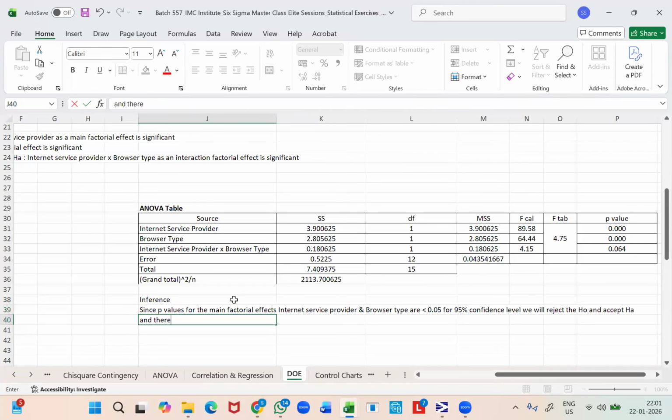And thereby conclude that the main factorial effects are significant.